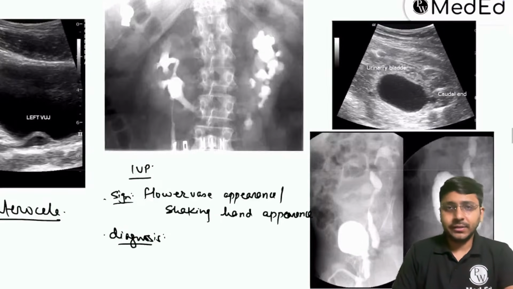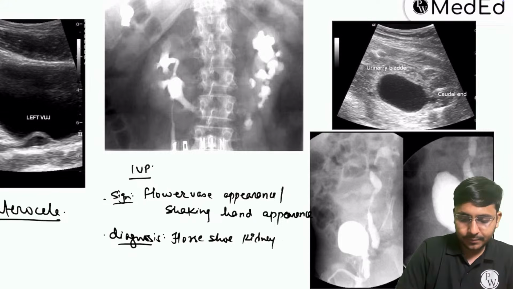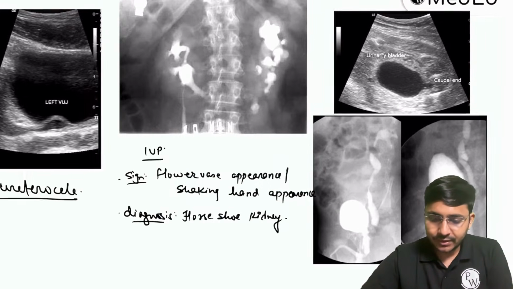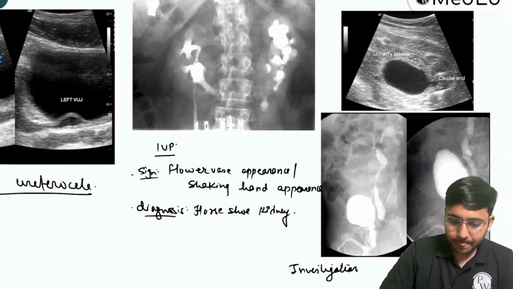And the diagnosis is horseshoe kidney. Okay. Now tell me what is this image. First tell me what is the investigation and what is the diagnosis.